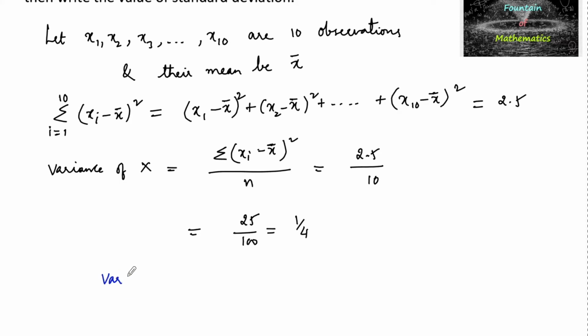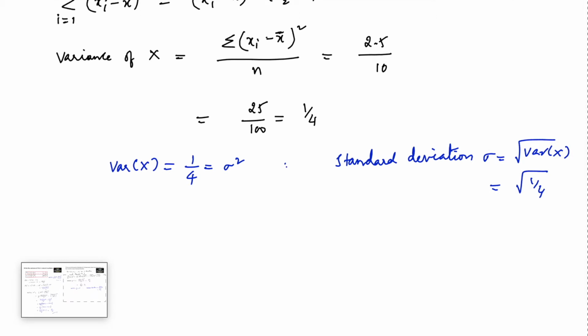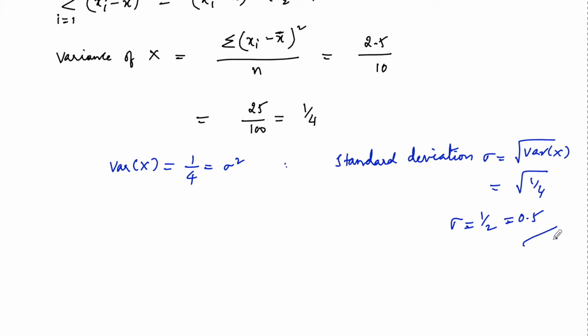Hence variance of variable x is equal to 1 by 4, that is sigma square, and then standard deviation sigma is equal to under root of variance of x, that is under root of 1 by 4, which is 1 by 2, that is 0.5. So standard deviation answer is 0.5.